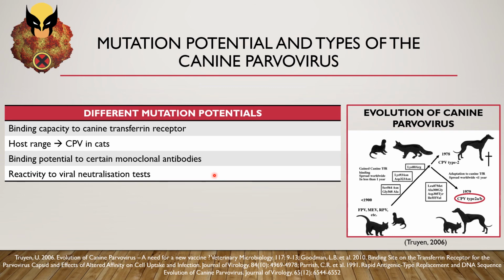And then, of course, their reactivity to viral neutralization tests can differ, so we have more resistant types. All these more or less minute mutations and different infecting virus types influence the contagion rate and the susceptibility of the young animals to be infected.